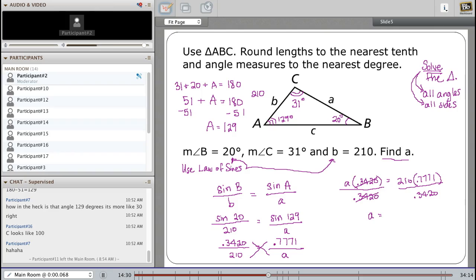So we're going to end up putting 210 times 0.7771 divided by 0.3420 in our calculator. And I got 477, and then if I round it to the nearest tenth, which is what the directions are asking us to do for a side length, it'd be 0.2.